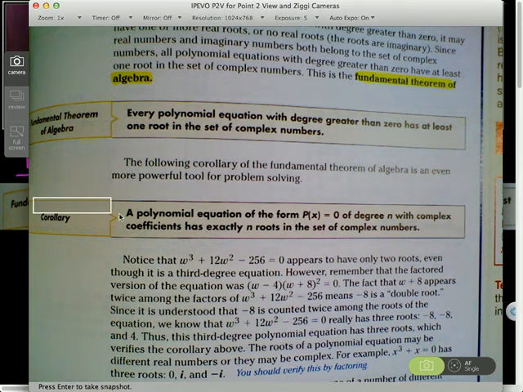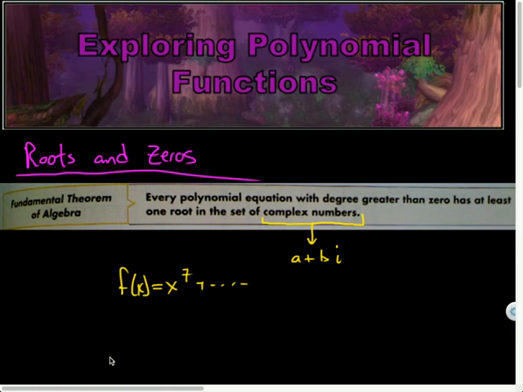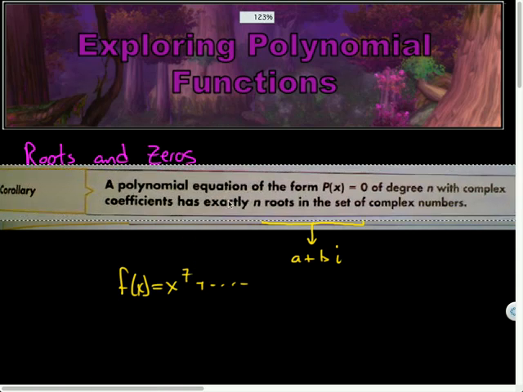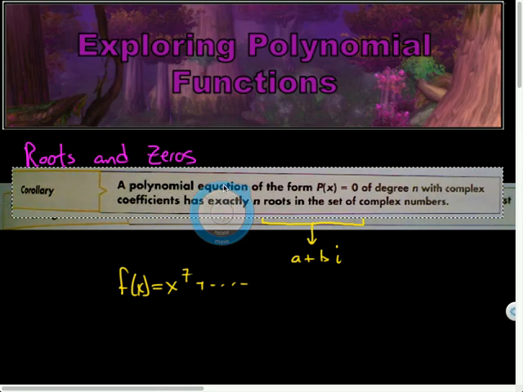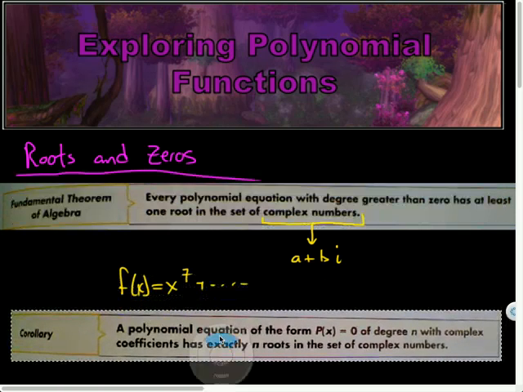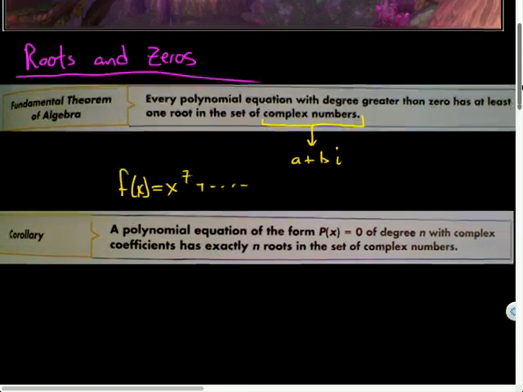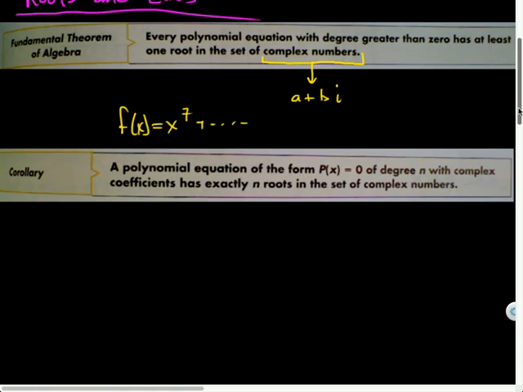Does anyone know what a corollary is? I don't know if you guys saw corollaries in geometry. C-O-R-O-L-L-A-R-Y, corollary.